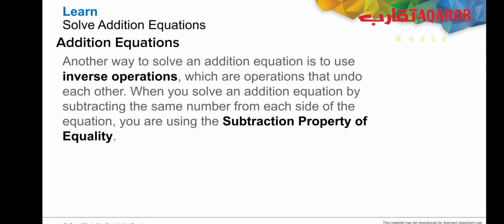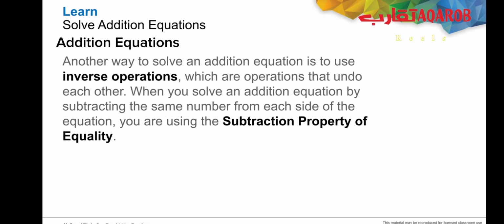What's the inverse operation of subtraction? Addition. Why did I do this? Because I actually want to find the value of the variable. So one of the methods to solve an equation, to find the value of a variable, is to use the inverse operation. Now, when you solve an addition equation by subtracting the same number from each side of the equation, you are using the subtraction property of equality.